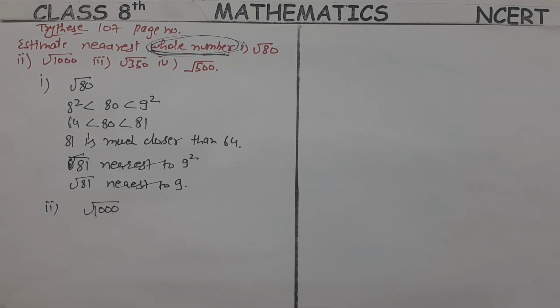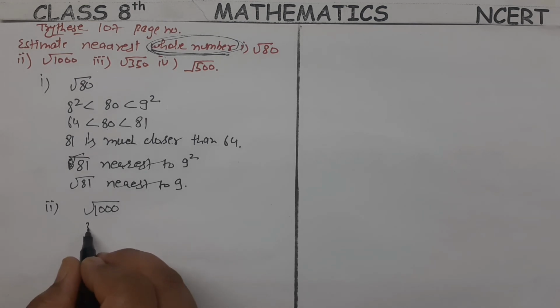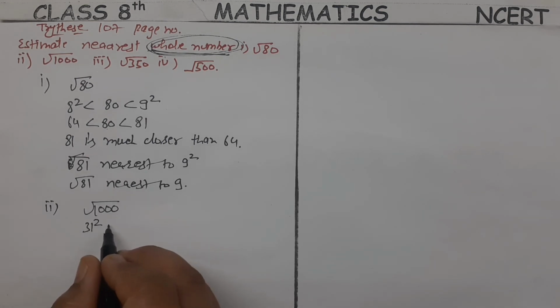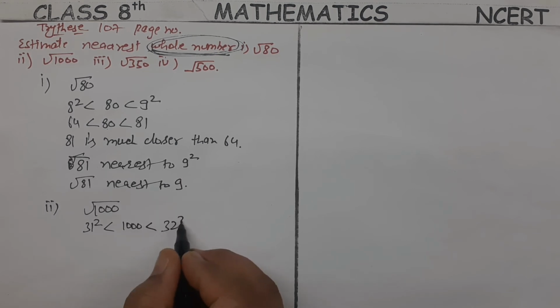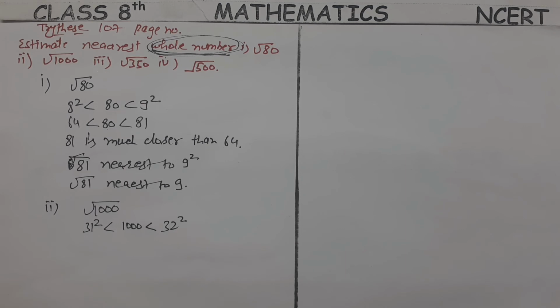Next is 1000. 31 square is less than 1000. 1000 is less than 32 square. 31 square is 961. 32 square is 1024.